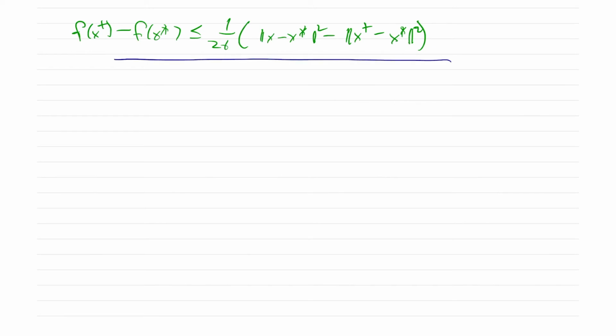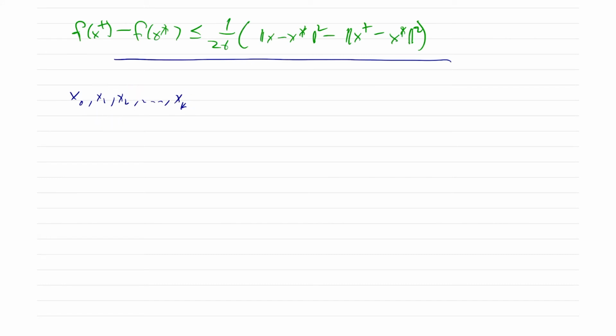So we've hit a really good spot right now. What we're going to take a look at is this. We're going to consider a sequence x0, x1, x2, etc., all the way up to xk, where in place of x plus, we're looking at the actual member of the sequence.